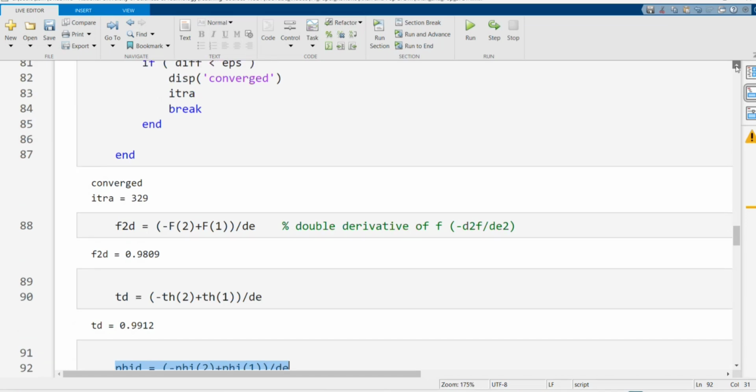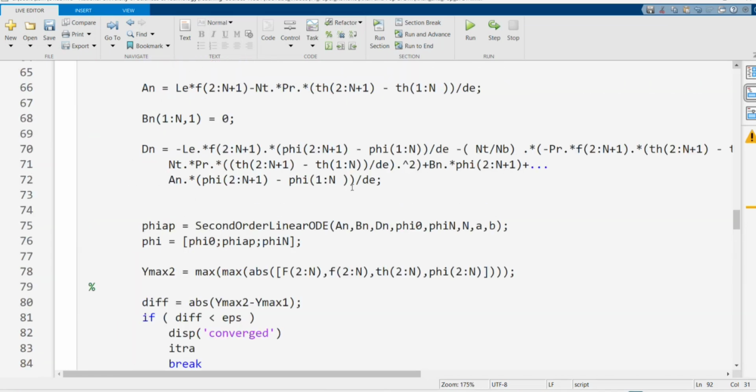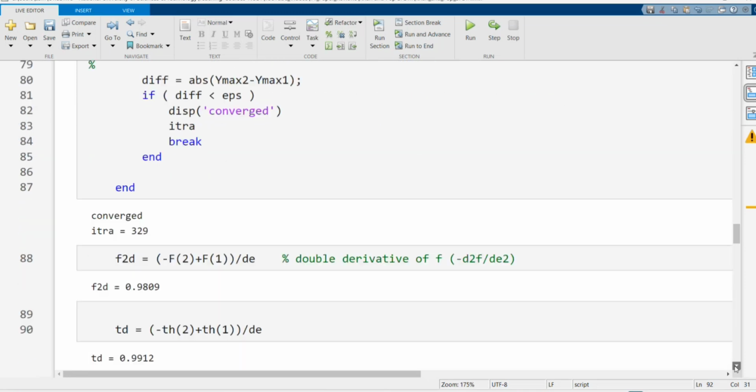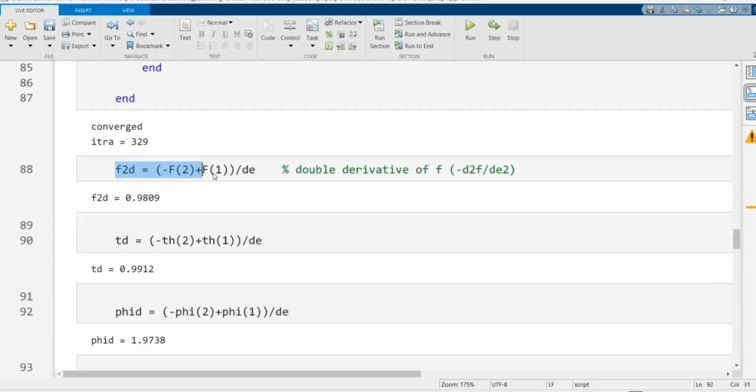You got the solution from where? You got the solution by using these formulas. Since your skin friction coefficient is, let me write it over here, F double dash 0. You need this one, skin friction defined like this.